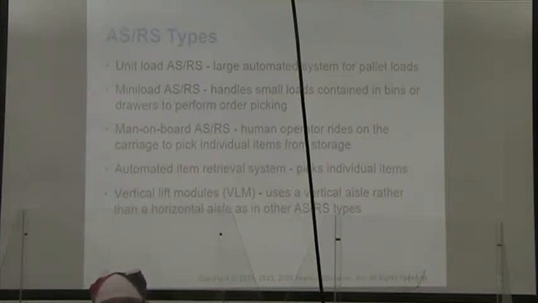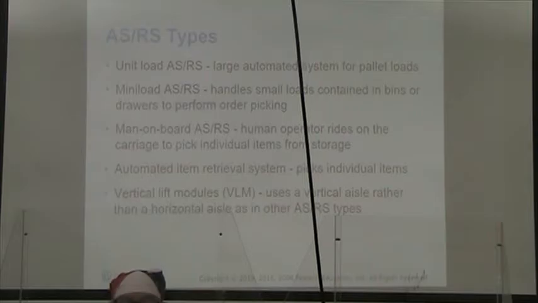So our AS/RS types are unit load AS/RS. This is going to be a large automated system for pallet loads. A mini load AS/RS, which handles smaller loads in bins or drawers so that we can do order picking type of work.